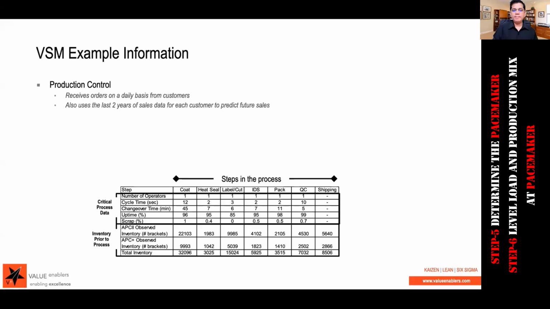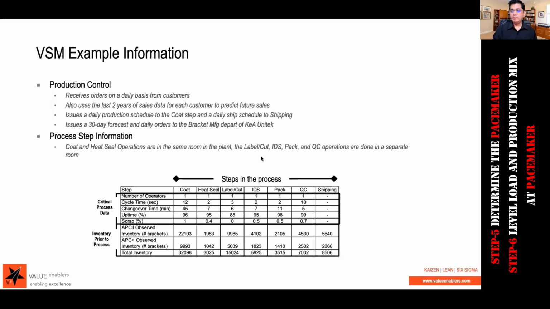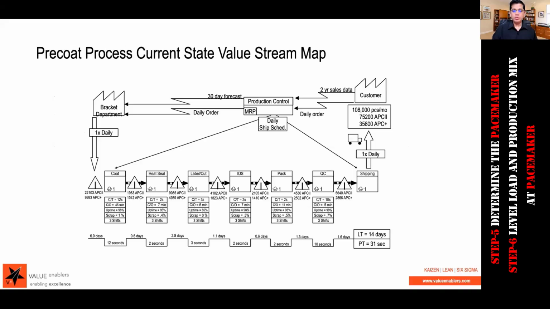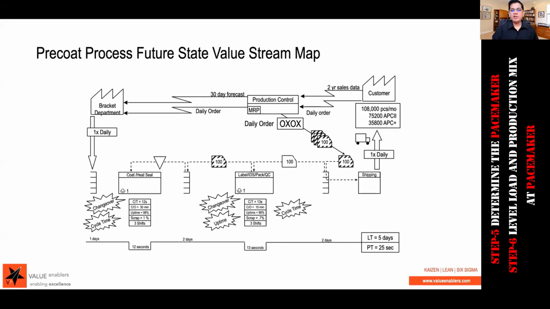So all the VSM example information I'm giving here, and you have to do the current state mapping by yourself, and you can actually do the future state mapping also. Of course, I have given the solution also here, but you do it yourself, okay? Because people will ask me at the end, how do I know whether I've done this correctly or not?